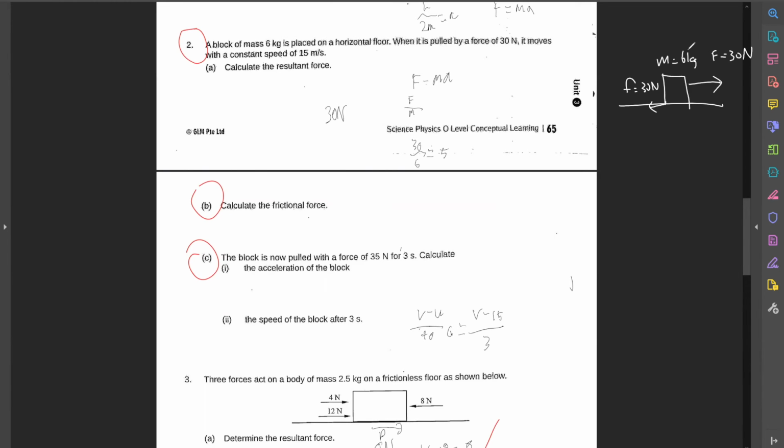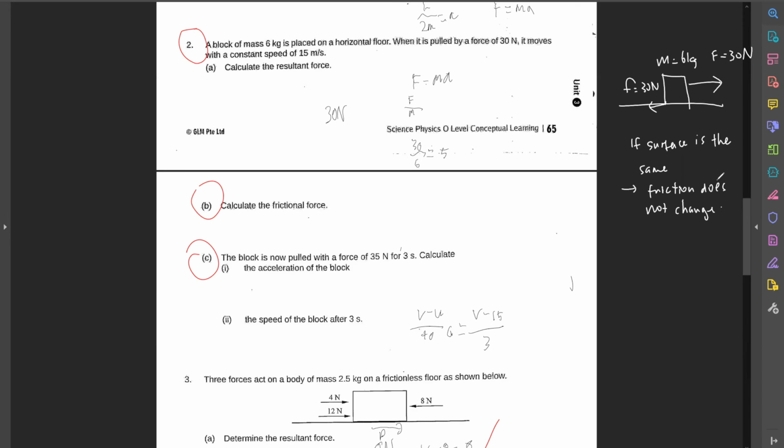So if the object is still moving on the same surface, the friction will not change. Okay, you catch that? Very, very important thing there. Okay, this fact you must know.